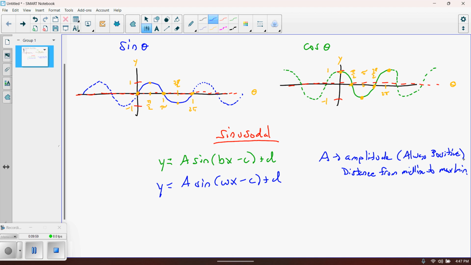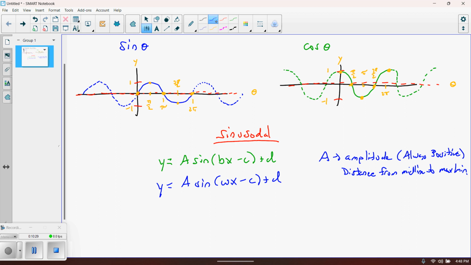And again, amplitude is a distance from the midline to the maximum or the minimum. It just kind of tells you how far up and down these curves are going to go. For a standard curve, the ones that I've sketched on the paper, the amplitude is 1 because there's nothing written out in front of sine or cosine, which is why from the midline up to 1 or from the midline down to -1, the distance is 1.